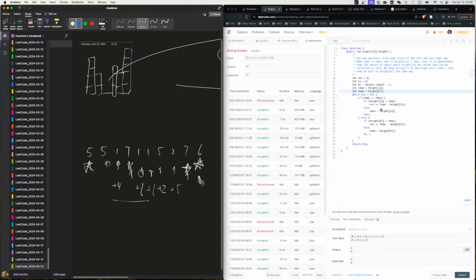There's one possibility that this one is wrong, but I want to make sure that that is a possibility. Well, I think I know. I think it should be smaller or equal to. Because here, when they're the same, right?